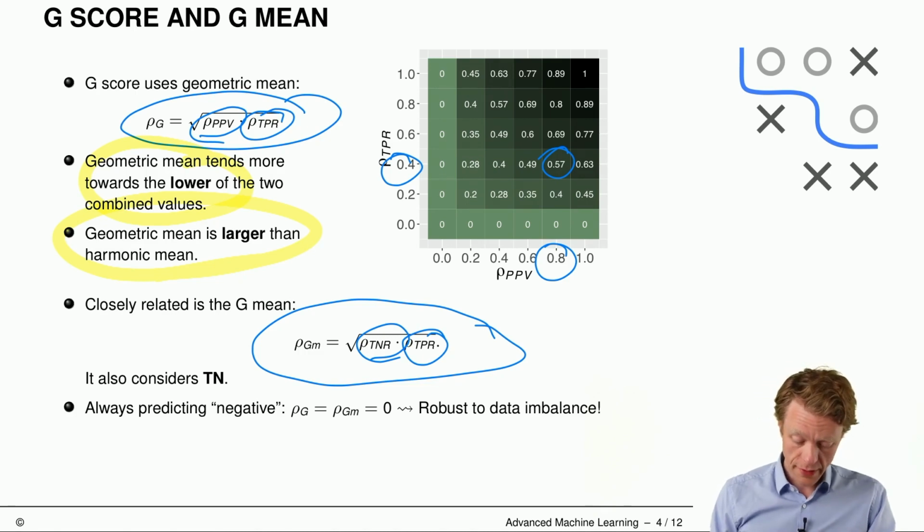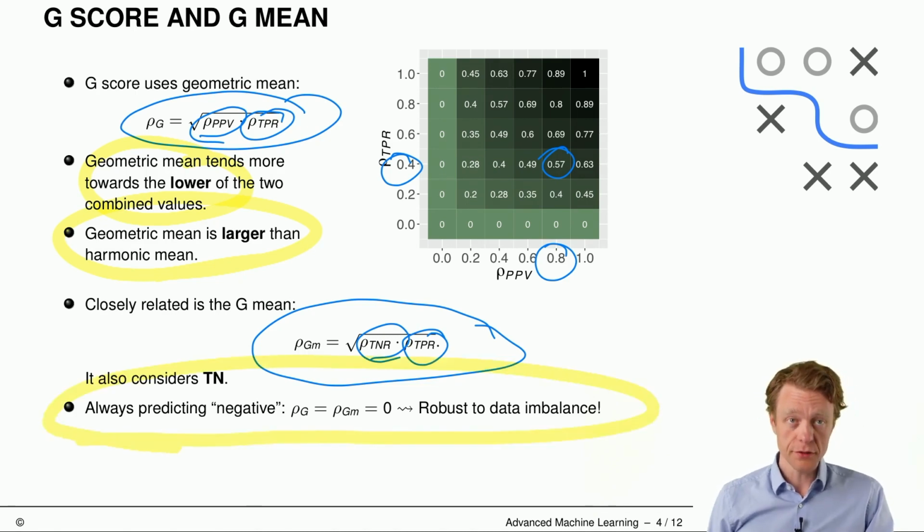And a good thing also about the geometric mean, so the G-score and the G-mean, is that if you always predict a negative value, then you will end up at 0 as well, which is good in terms of imbalance, but it's not that clear what happens if you always predict the positive class.